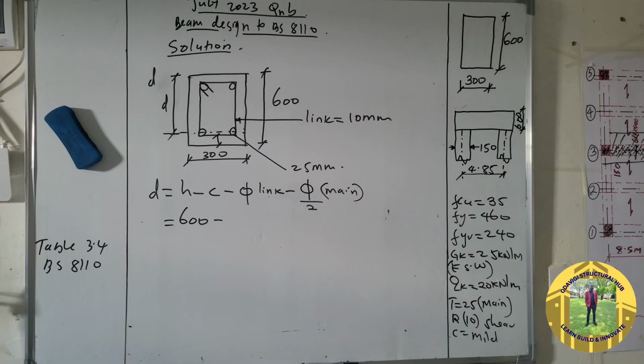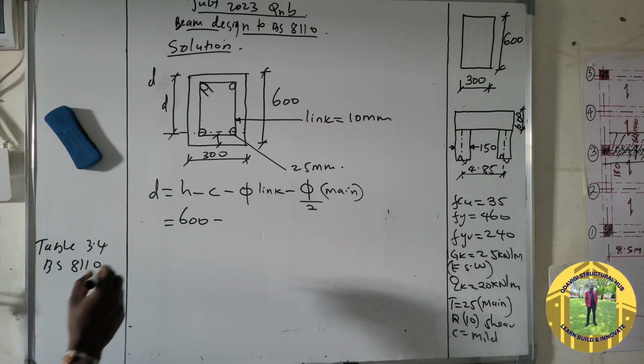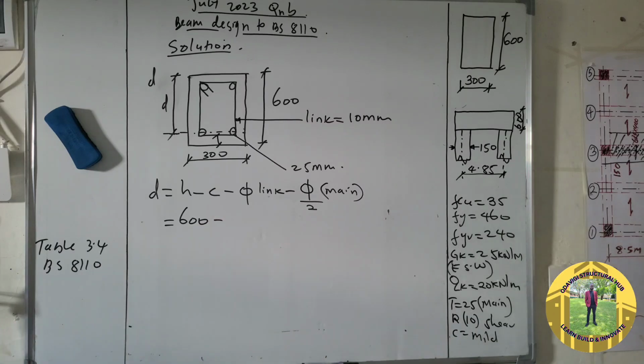This table provides cover for reinforcement of columns, beams, and slabs. So for mild, it is 20 millimeter or a bar diameter, whichever is greater.